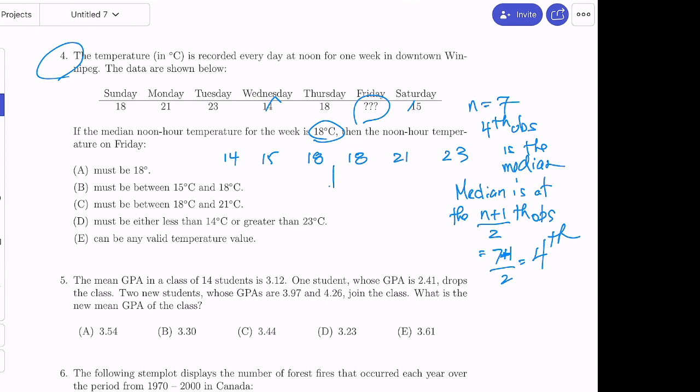So either Friday's temperature could be in there, which would make it the median.